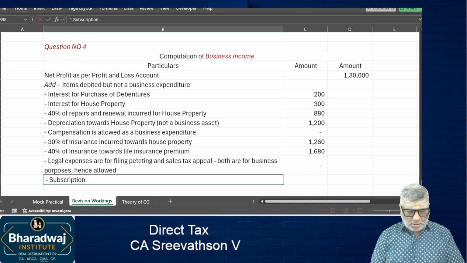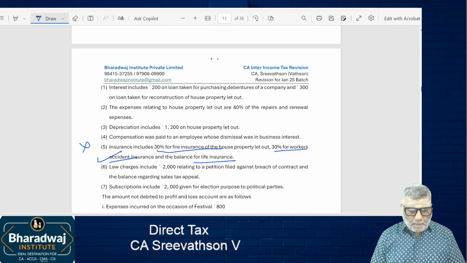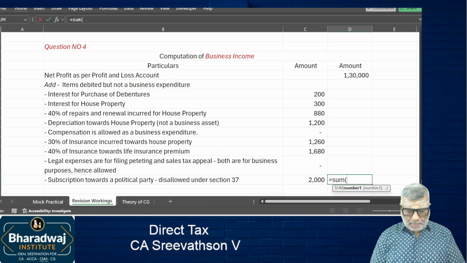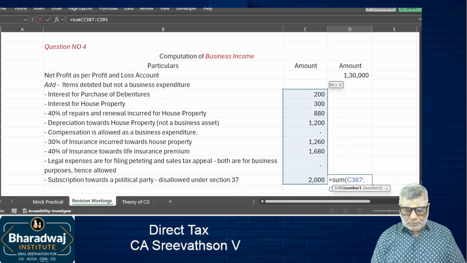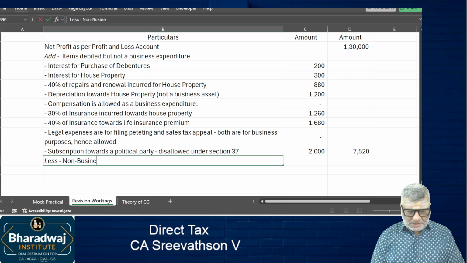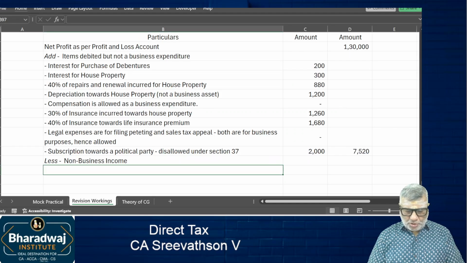Subscription towards a political party disallowed under section 37, 2000. Non-business income, non-business, that is which is interest on debentures.